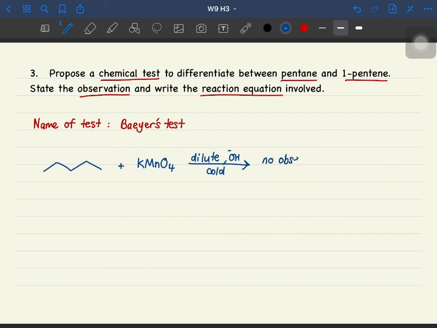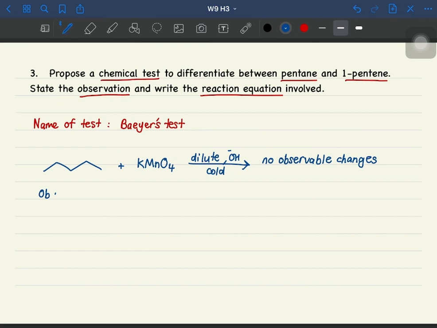The reason why we are doing these chemical tests is because one of them should give you positive, another one gonna have negative results. So that's the only way that we can use to differentiate between these two hydrocarbons. So no observable changes. Now what about the observations?